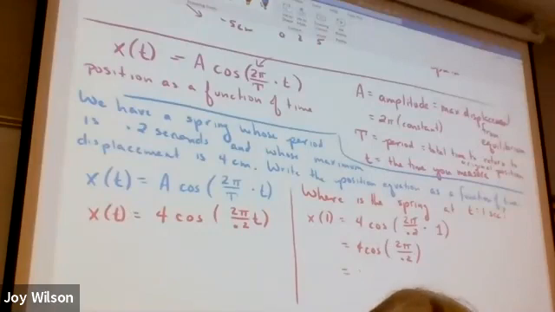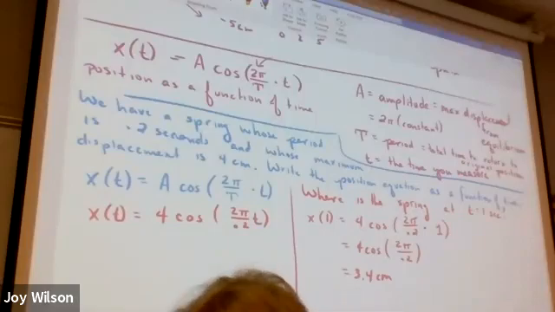And when I fill that into my trusty calculator, should be the cosine of 10 pi. Make sure you put 10 pi in parentheses, because if you don't, it may do something you don't anticipate. So it would be at 3.4 centimeters.